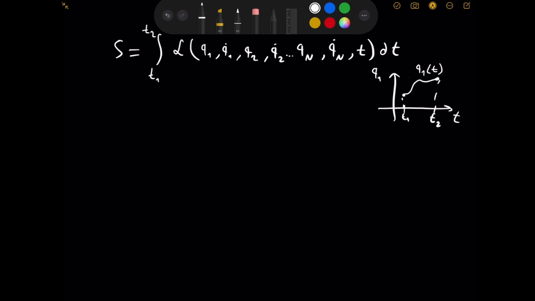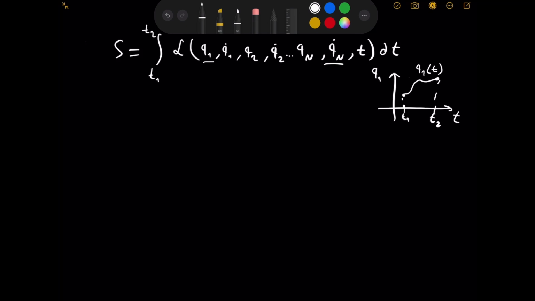I want to disturb this trajectory a little, and then I will do some calculations which will let us find a condition that Q1 satisfies. What we're looking for is some sort of condition that these Q1 to Qn satisfy, and specifically these Q1s, Q2s and Qn's are the trajectories that make the action functional stationary.